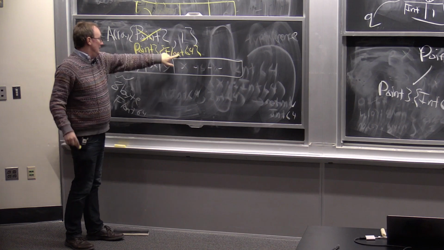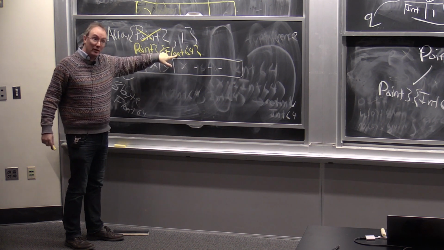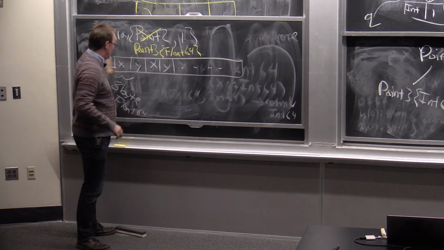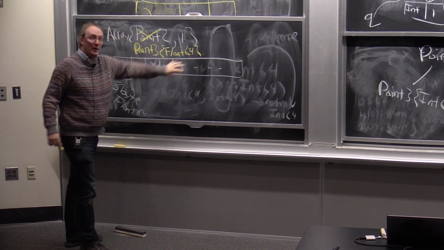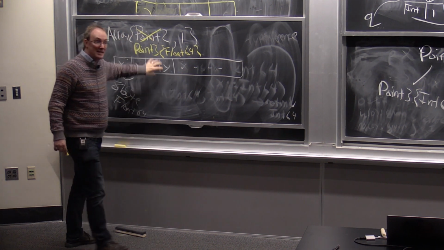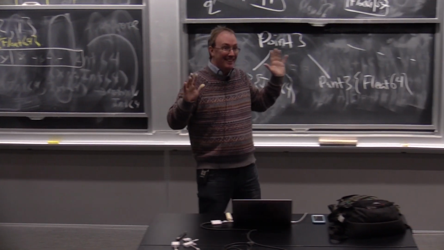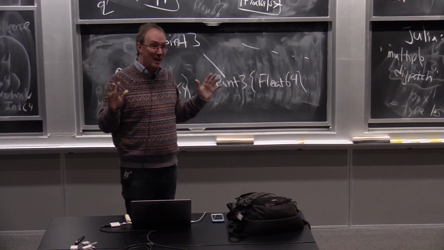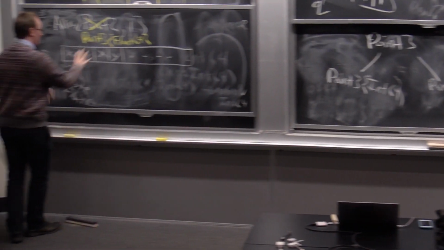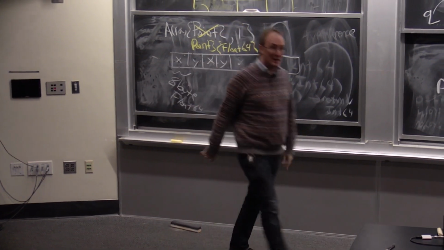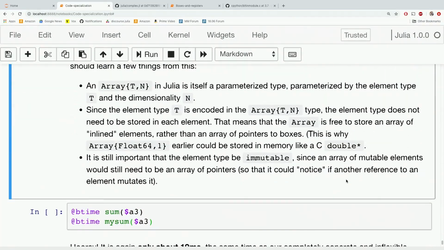And this is not an arbitrary Point3, it's a Point3 of 2 Float64s, so it gets stored again as just 10 to the 7th elements of x, y, where each one is 8 bytes, 8 bytes, 8 bytes, one after the other. The compiler knows all the types, so when you sum it, it knows everything at compile time, and it will sum 2 of these things by loading this into a register, loading this into a register, calling one instruction, add them. And so the sum function should be fast.